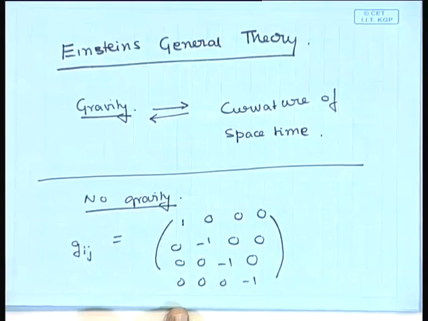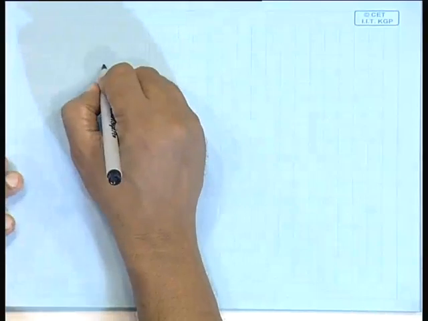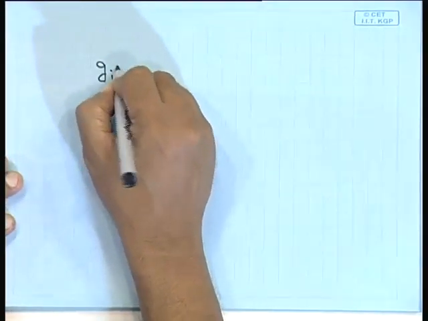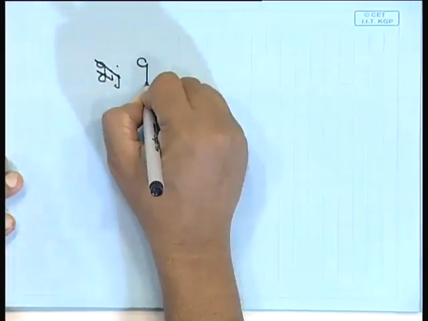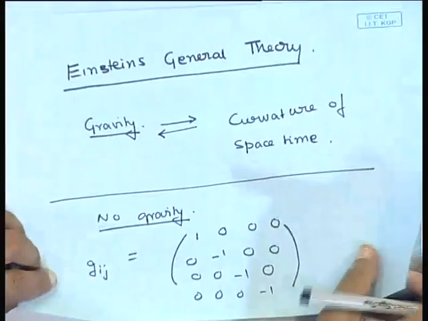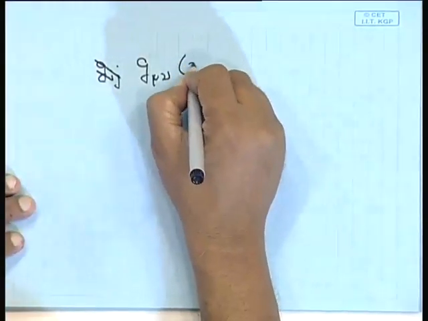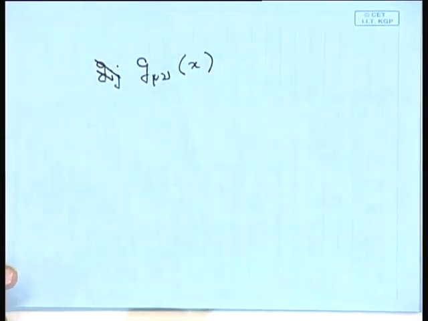Now what gravity does is that it introduces curvature in space-time, and in the presence of gravity the whole of space-time is curved. So in such a situation you will have some other metric, G mu nu, not Gij, because we are working in 4 dimensions now, which will be in general a function of the position.